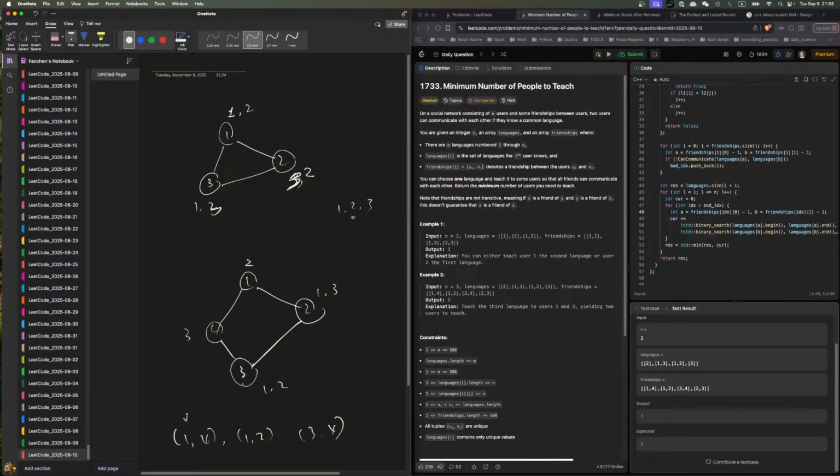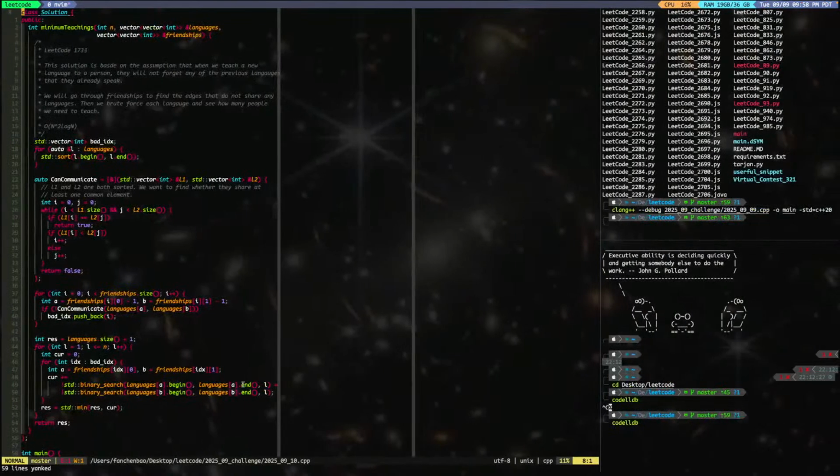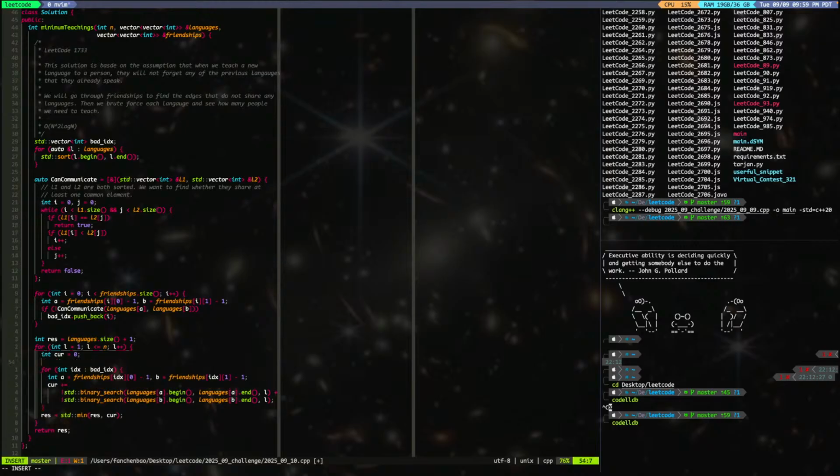Alright, it's fine. It's perfectly fine. We just need to keep track. So vector boolean taught of size languages.size, initialized to false.